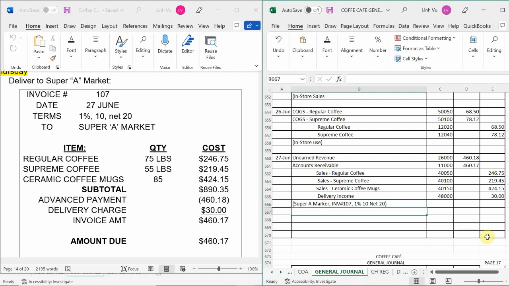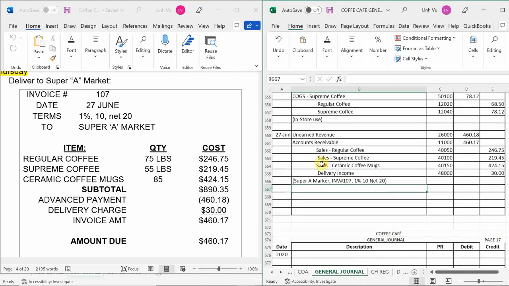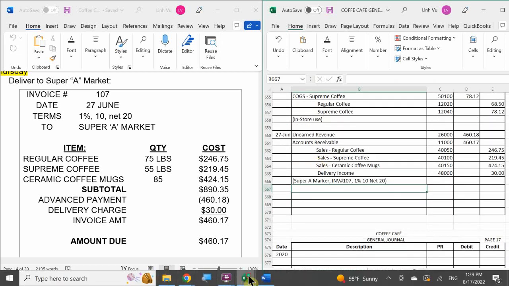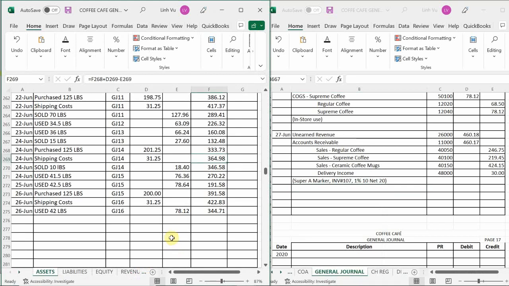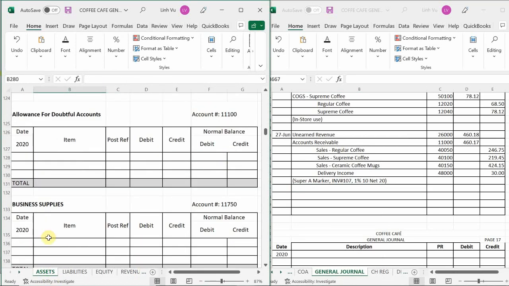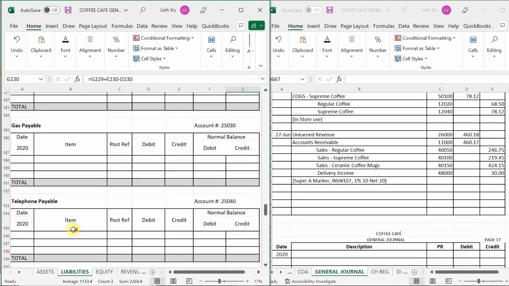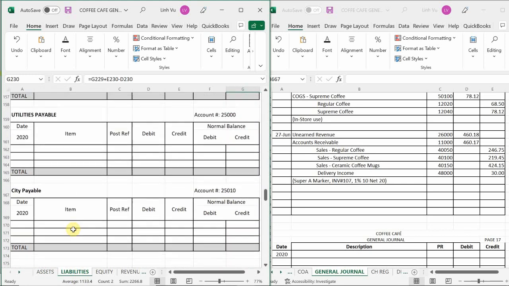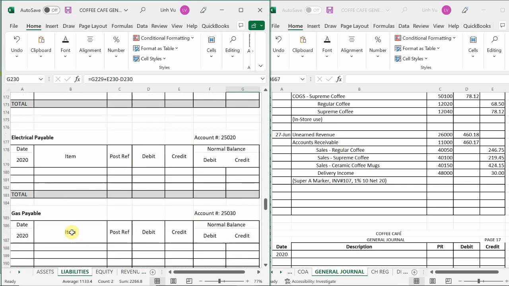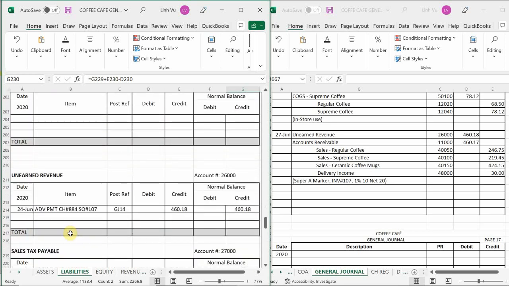Okay. And then we need to put them into general ledgers. And we go to unearned revenue in liabilities, because we need to pull it from there. There it is. So we will debit the 460.18.